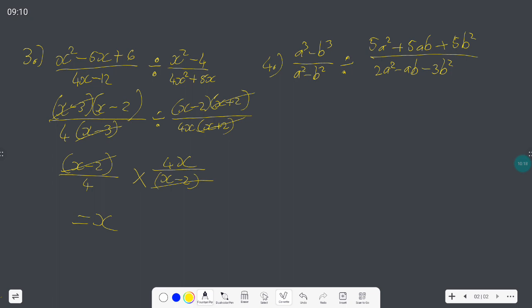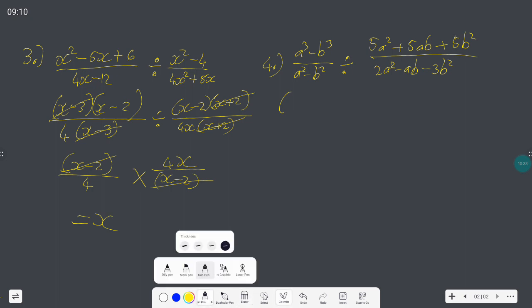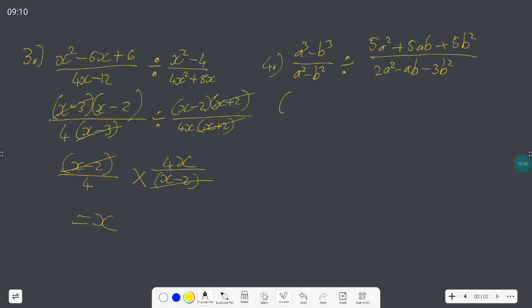Okay, so now let's look at this question. This is usually one of the interesting ones that they usually give you in the exam as well. That top part, what does it factorize into? Not working with x. It is a minus b, a squared plus ab plus b squared.